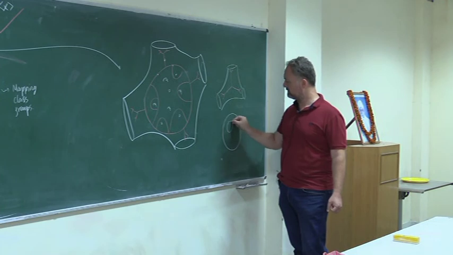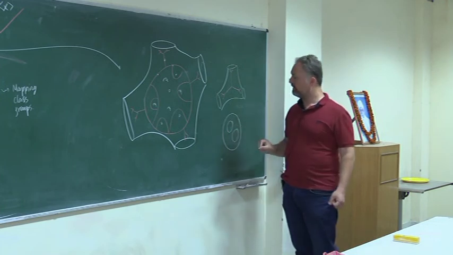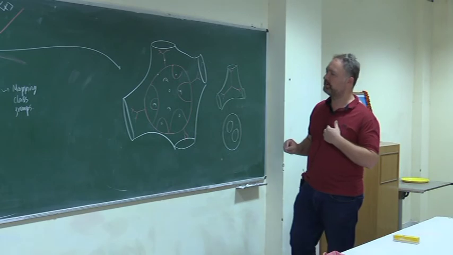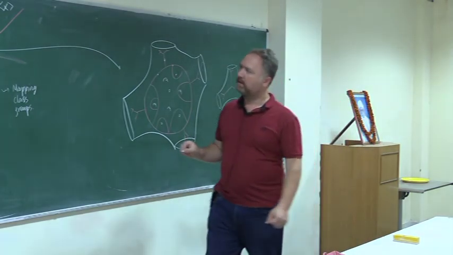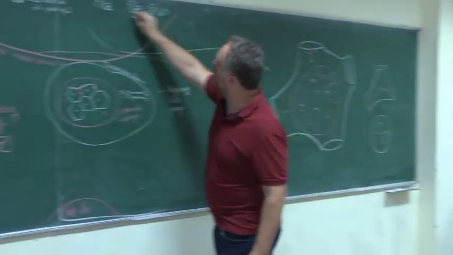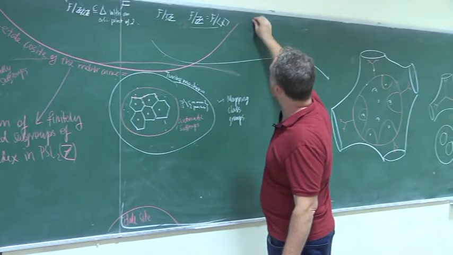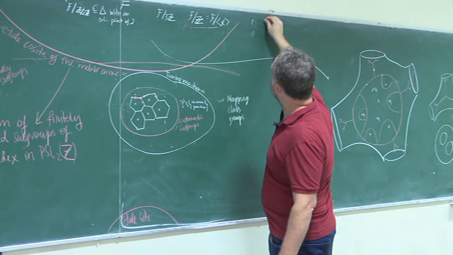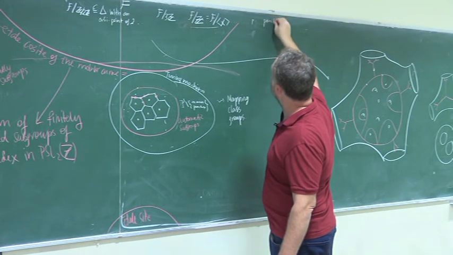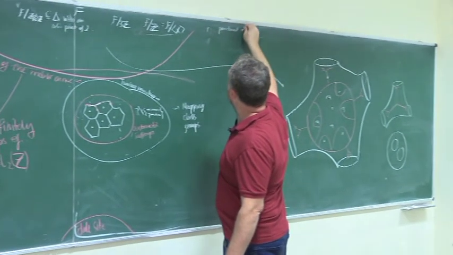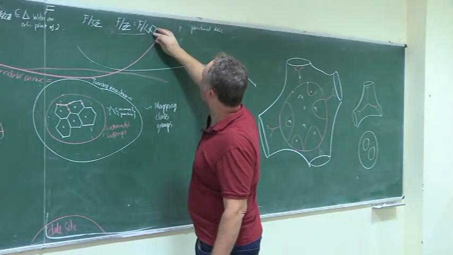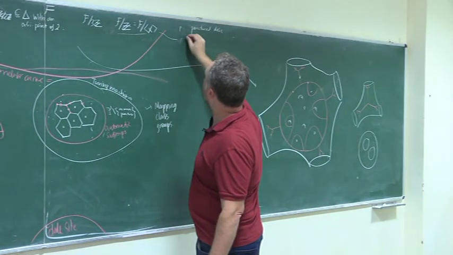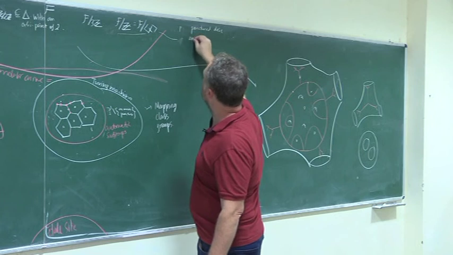Minus two disks. By the way, I forgot to say something. So this had two subcases. In the parabolic case, the ambient surface is the punctured disk, or if X is hyperbolic, it is an annulus.